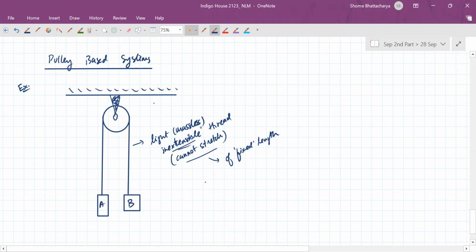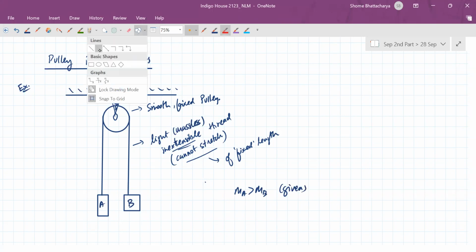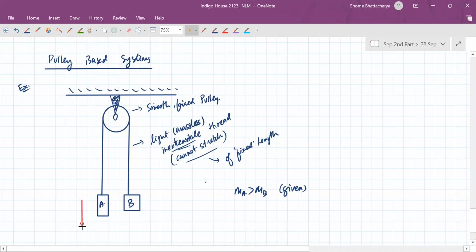There are two blocks attached like this. This is a smooth fixed pulley. So assuming that mass of A is heavier than mass of B, suppose that is given to us, then the moment we release this system, because of the additional weight that A has compared to B, A will tend to accelerate downwards and B will tend to accelerate upwards.